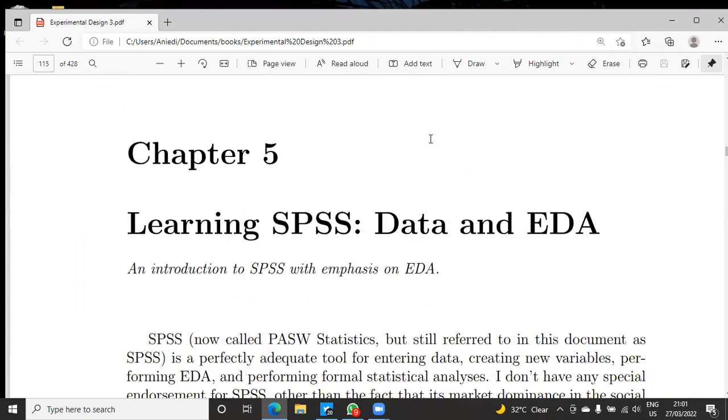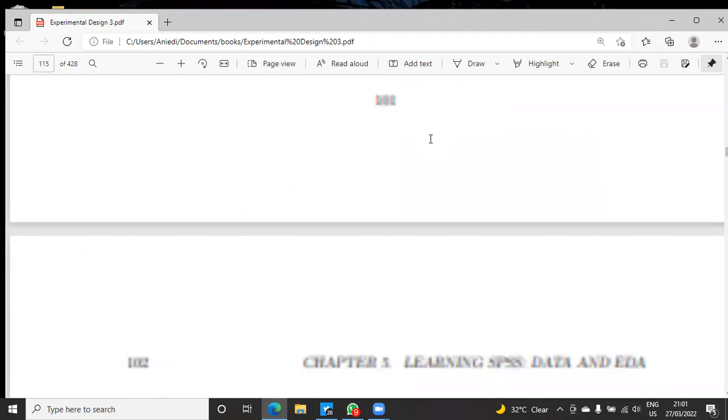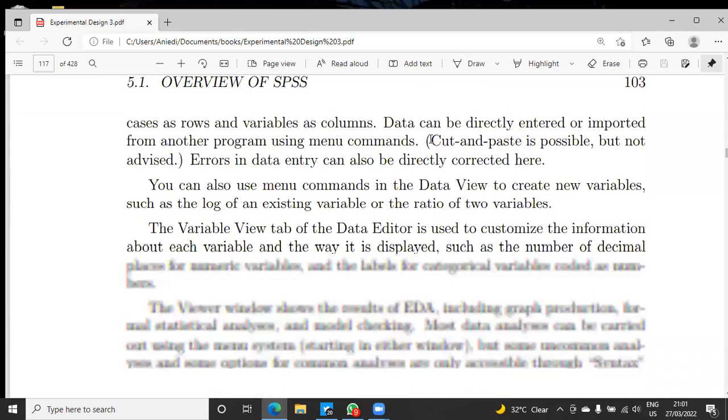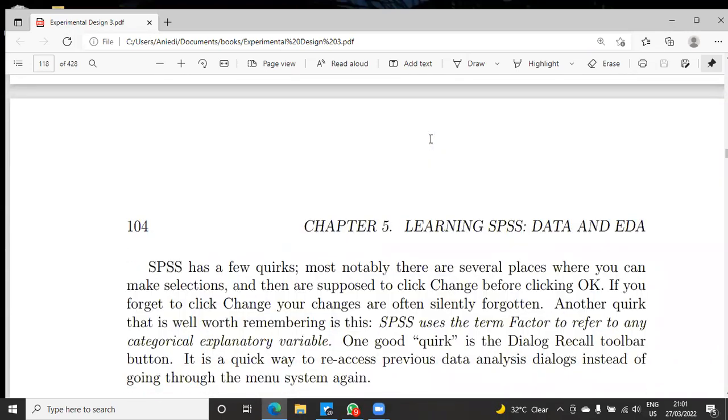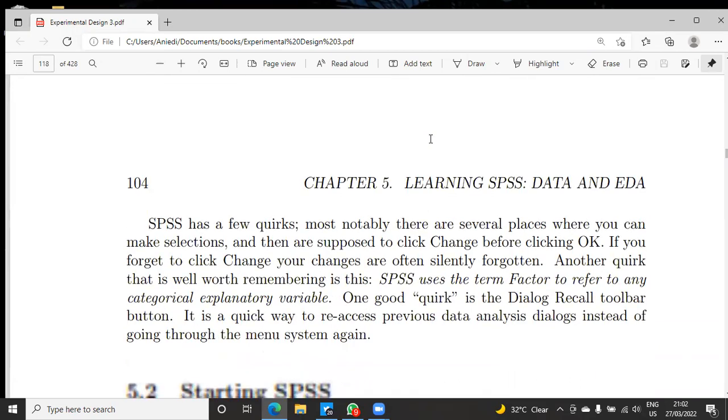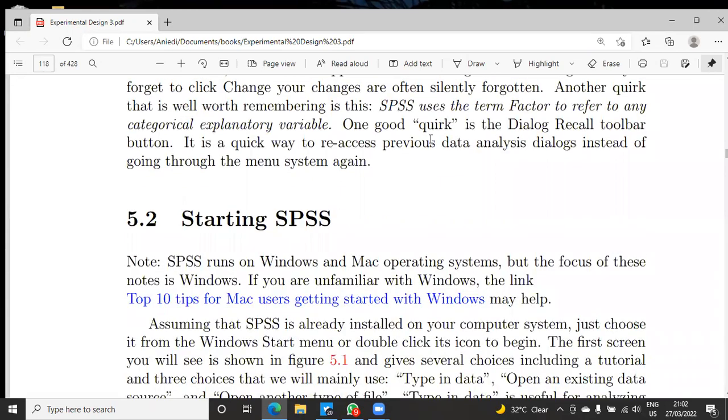It won't be learning SPSS. We are going to skip it, because the idea of this data science class is to learn Python and other programming languages like R. SPSS is very simple. If you have it on your system, you can always use it to run analysis.